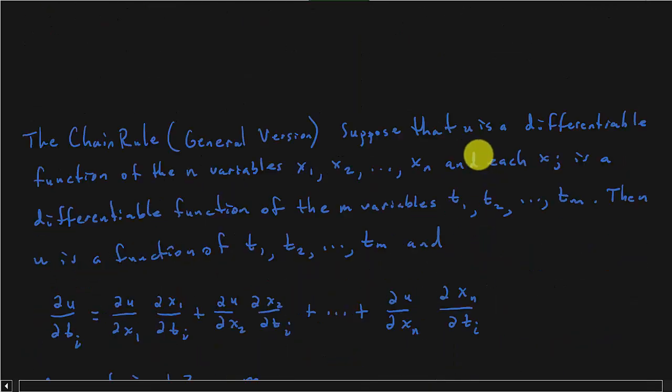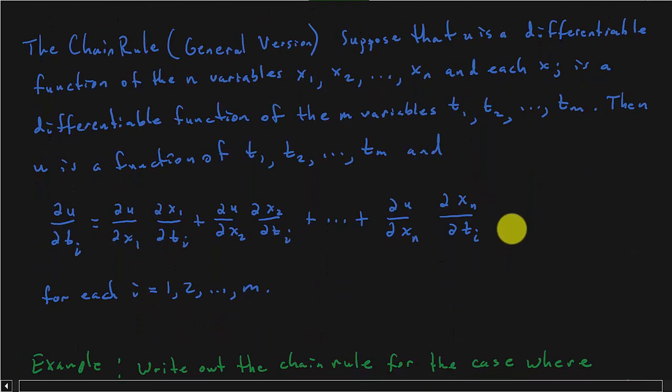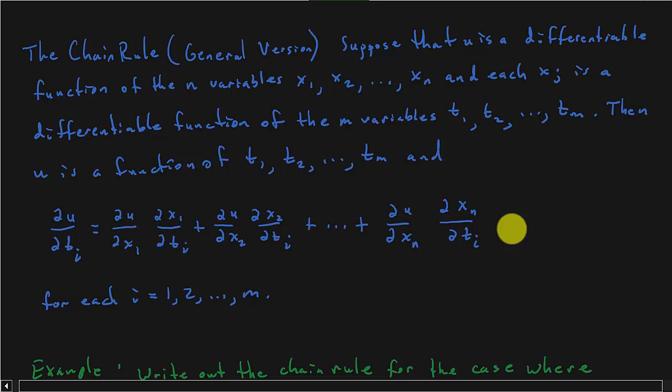All right, let's look at this right here. We've got the chain rule, general version. Suppose that u is a differentiable function of the variables x1 to xn, and each x sub j is a differentiable function of the m variables t1 to tm.